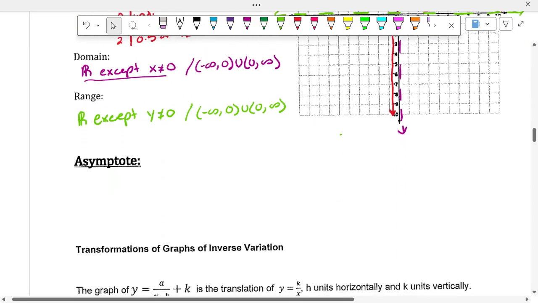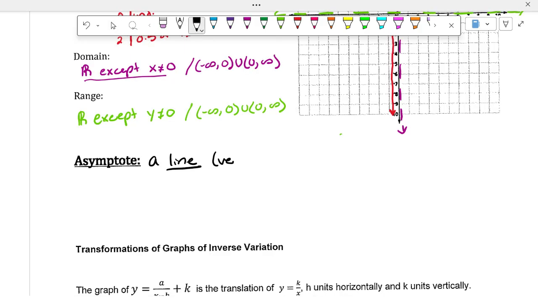And an asymptote is simply just a line, whether it's vertical or horizontal, that your graph cannot cross.